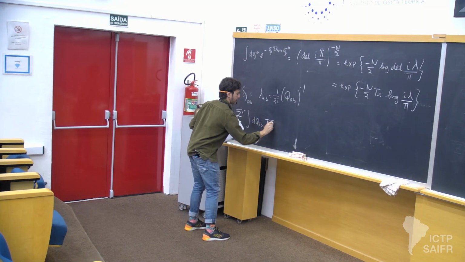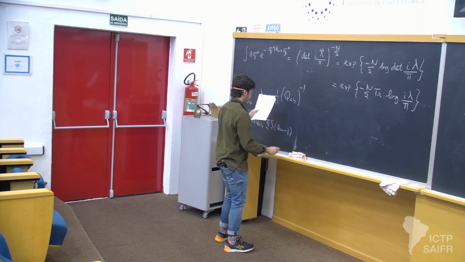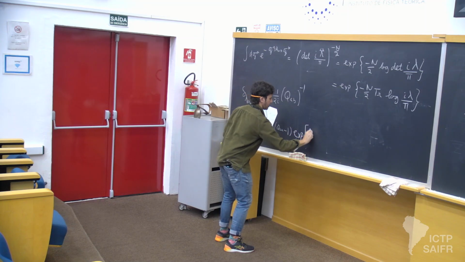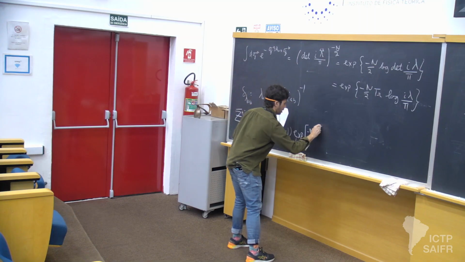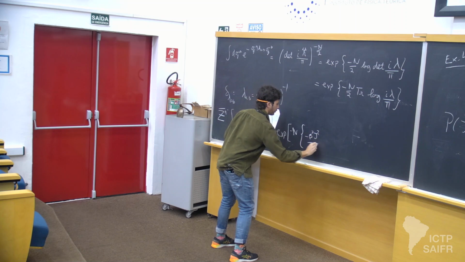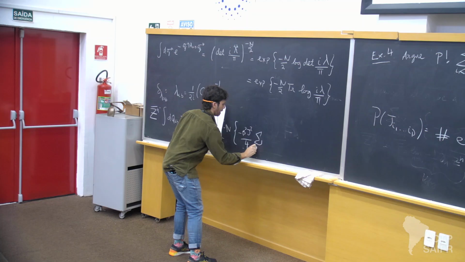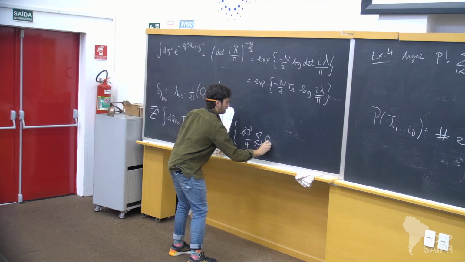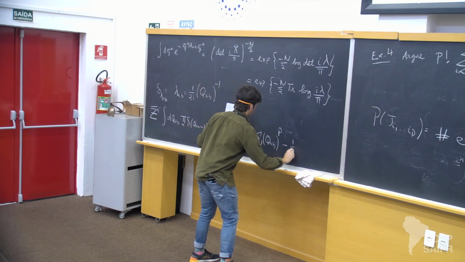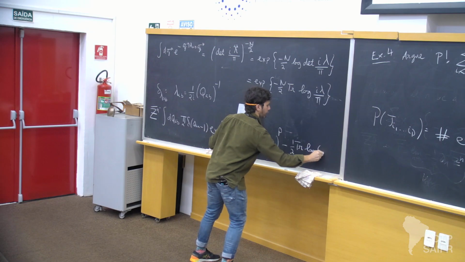Product over a, delta q a minus 1, e to the minus n, and then minus beta squared j squared over 4, sum over a and b, q a b to the p, minus a half trace log of q.